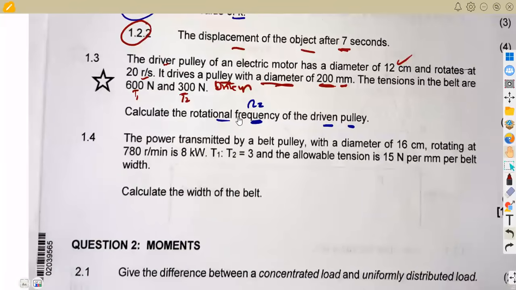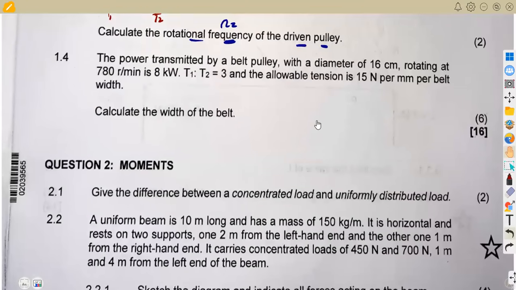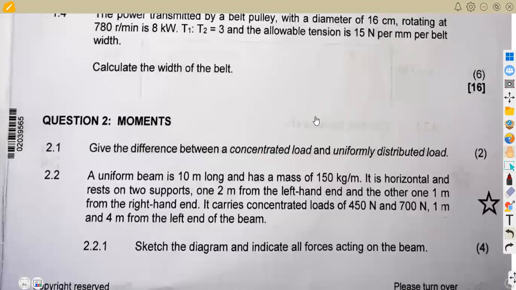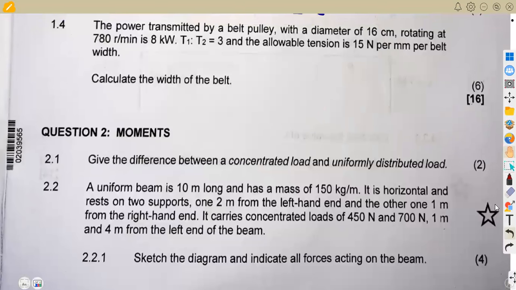Then 1.4, the power transmitted by a belt pulley. All right, let me try to push it this side so that we can work it properly here. This is what we have as part of our question. The power transmitted by a belt pulley with a diameter of 16 centimeters rotating at 760 revs per minute is 8 kilowatt.